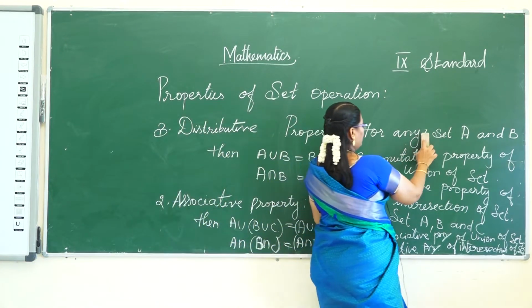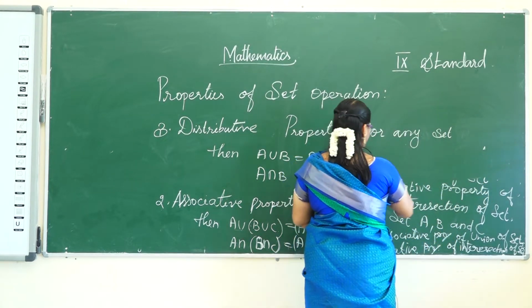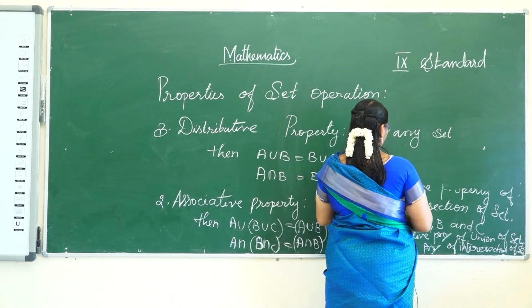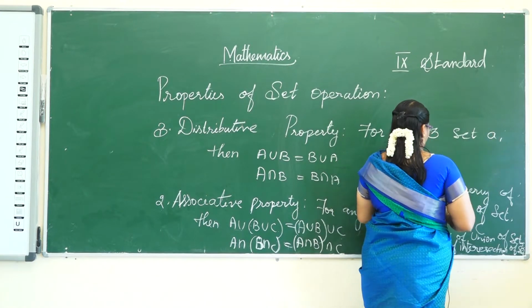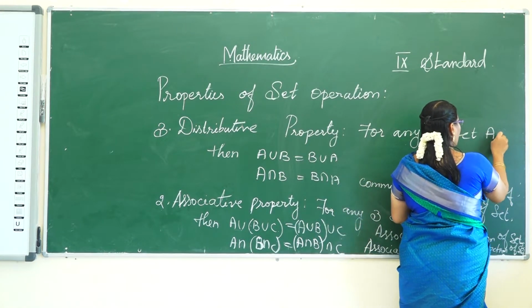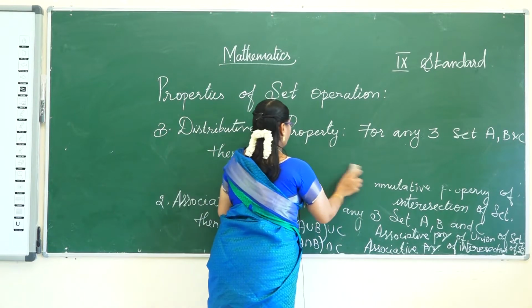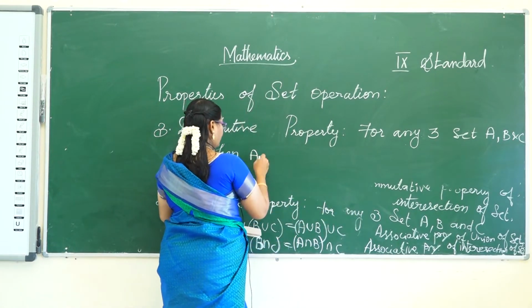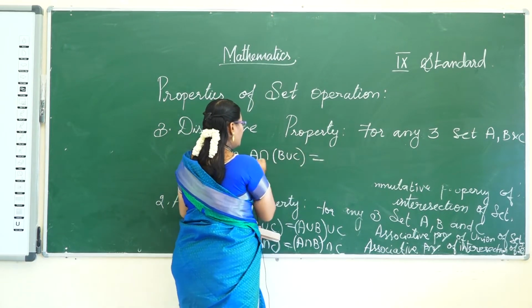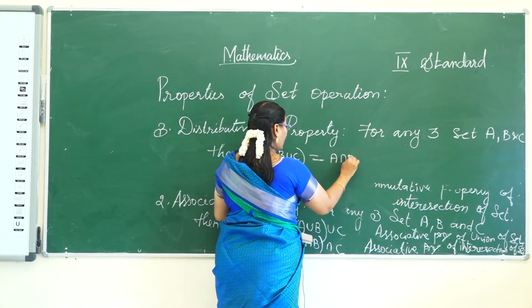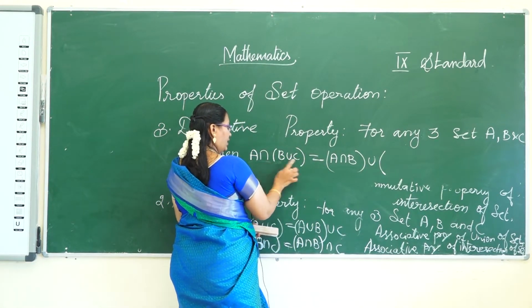For any three sets A, B and C, A intersection (B union C) is equal to (A intersection B) union (A intersection C).